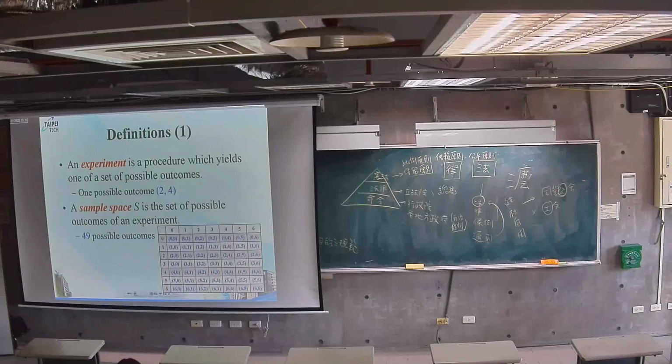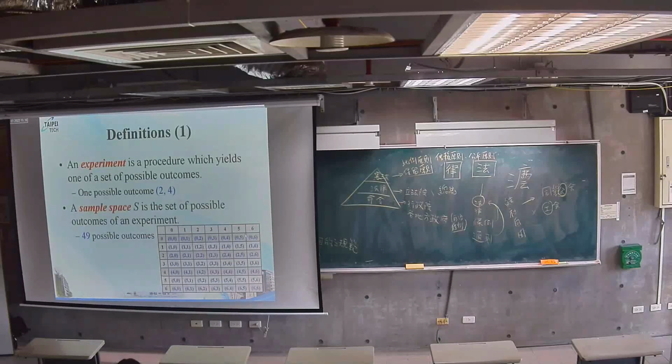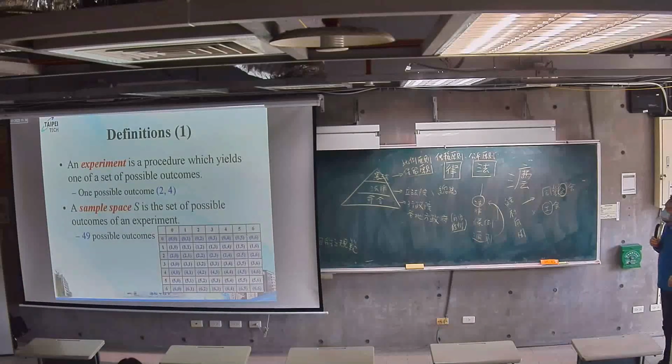For each supermarket, we have 7 states. The 0 means no cranes are used at a particular time slot, and the 6 means that all the cranes are in use in that supermarket. When we combine these two supermarkets, we have 49 possible outcomes in total.